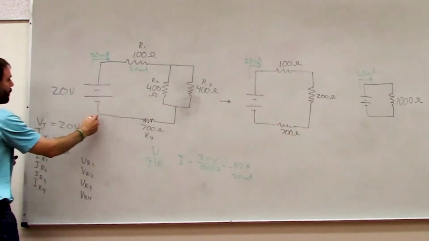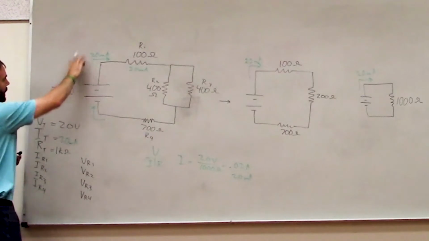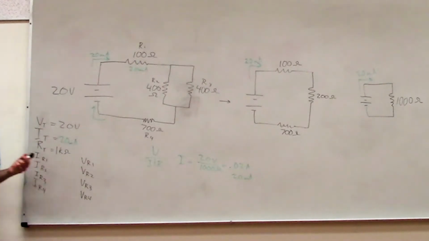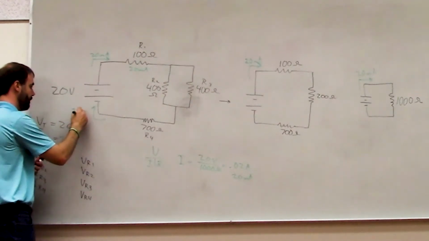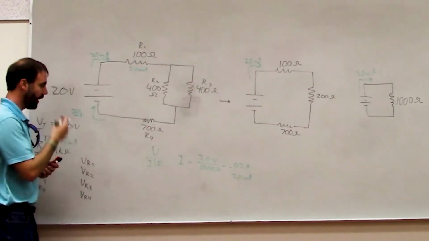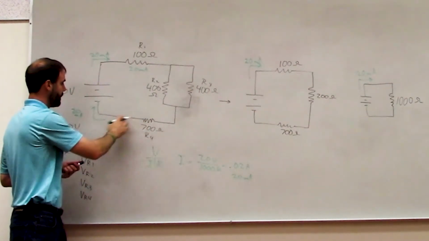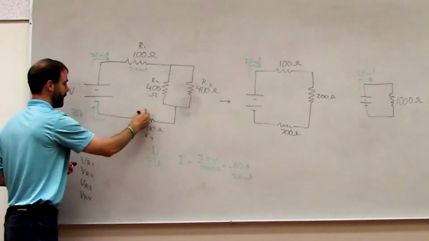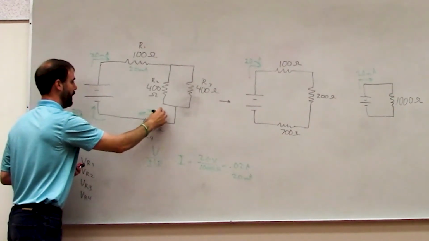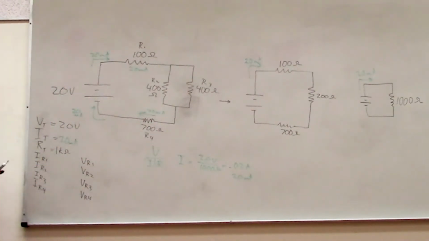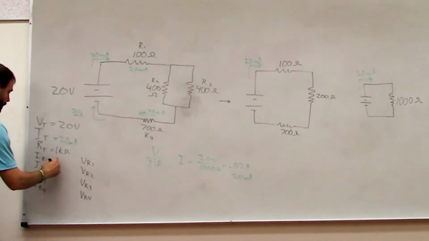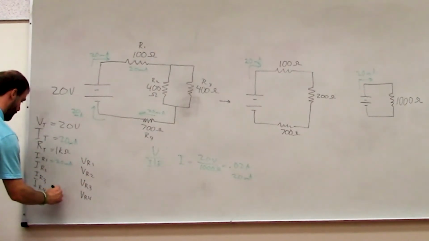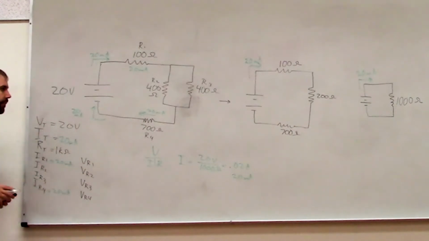Also, we know that the return current is the same as the current going out of a power supply. So how much current do we have coming back here? 20 milliamps, exactly. And since there's no split in the path between this resistor and the return, we know that we must have 20 milliamps there also. So we can say that the current for R1 is 20 milliamps, and the current for R4 is also 20 milliamps. Okay?